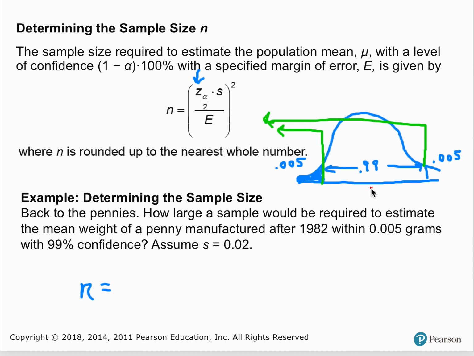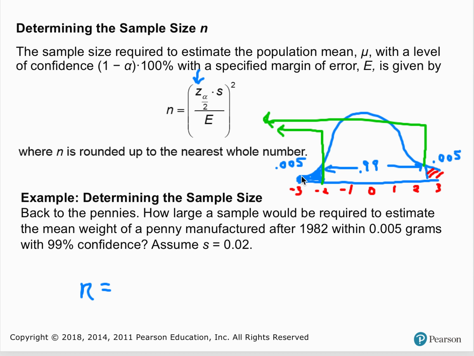This is symmetric. I could find this area, right? This area right here. And then just make it negative. Does that make sense? Or this method, whichever you prefer.